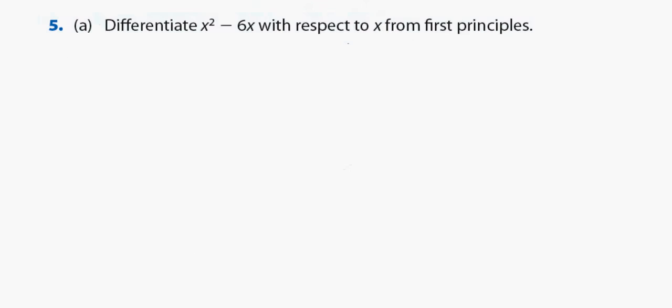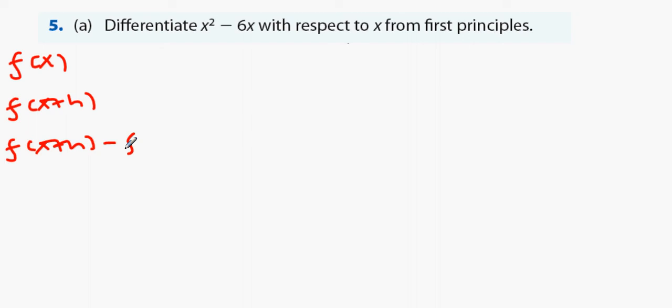Okay. We've got to do another differentiation from first principles. So once again, you're just going to write down all your steps: f of x plus h minus f of x, and then all of it over h.